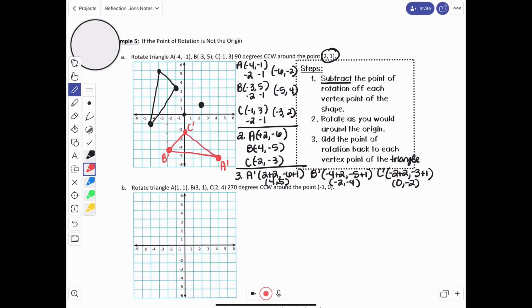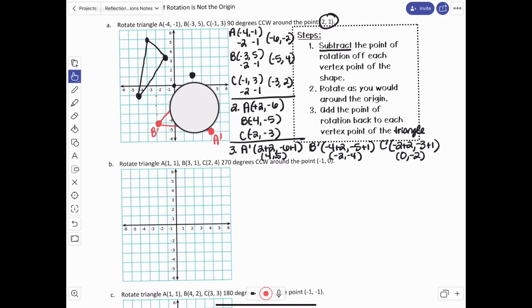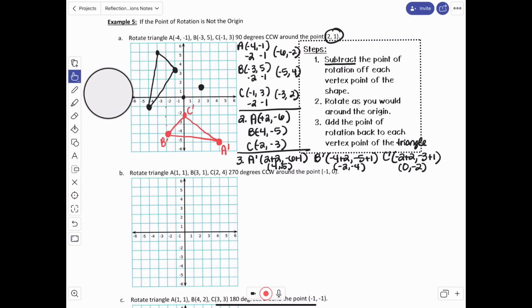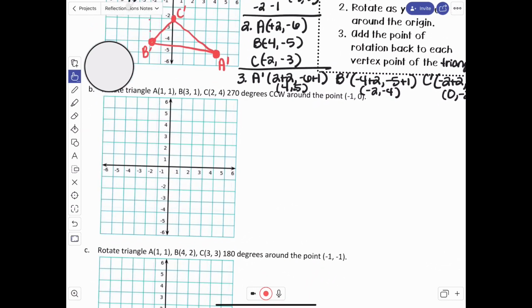And we can see that if we move this circle, our points there would line up, and hopefully you can kind of see the center of that circle is right there on that point of where that rotation would be. Okay? All right, so we'll practice a few more like these. Move my circle out of the way.